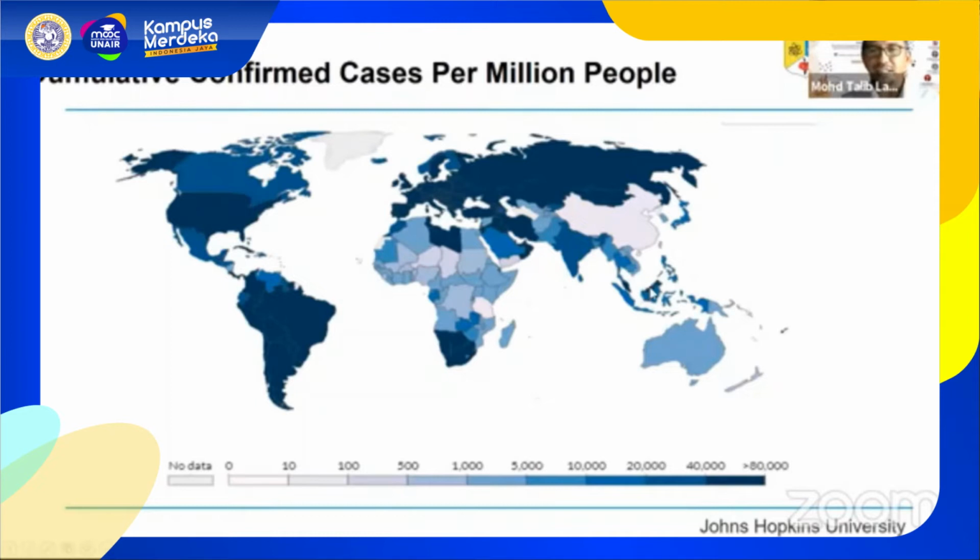So we really worry about this, because the population of Indonesia is for sure much more than ours, as we have about 30 million people. The number of confirmed cases per million people in Malaysia is a little bit worrying, more than 40,000.